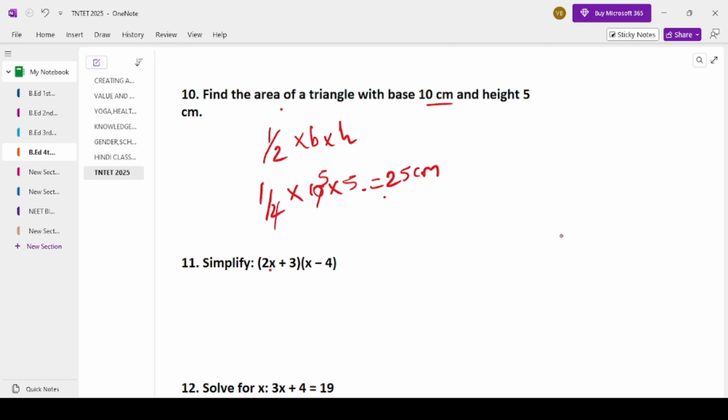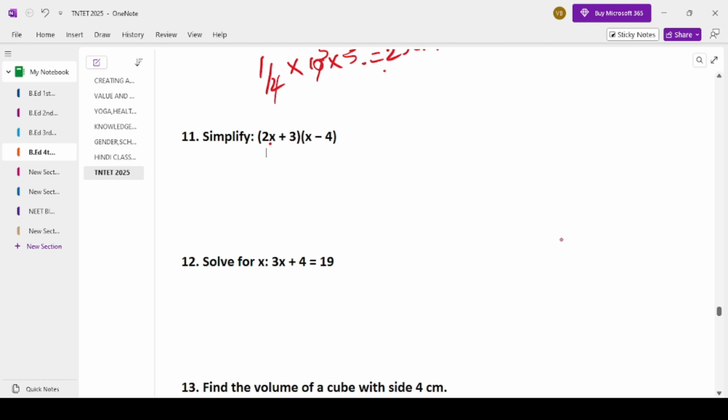Next question is simplify 2x plus 3 into x minus 4. So இதை எப்படி simplify பண்ணுறது அப்படின்னு பார்த்தீங்க அப்படின்னா யூஸ் த டிஸ்ட்ரிபியூட்டிவ் ப்ராப்பர்ட்டி. ஸோ அதை யூஸ் பண்ணி நம்ம வந்து சிம்பிளிஃபை பண்ணலாம். 2x into x minus 4, சாரி, ஸோ இதில் வந்து 2x into x minus 4 plus 3 into x minus 4 அப்படின்னு வரும். ஸோ நெக்ஸ்ட்டு பாருங்கள், 2x squared minus 8x plus 3x minus 12.